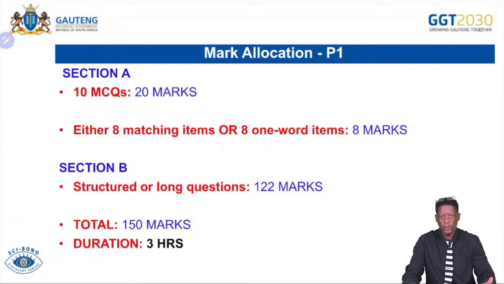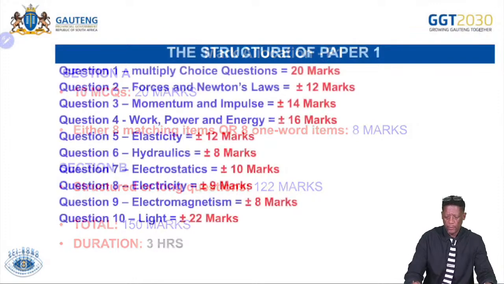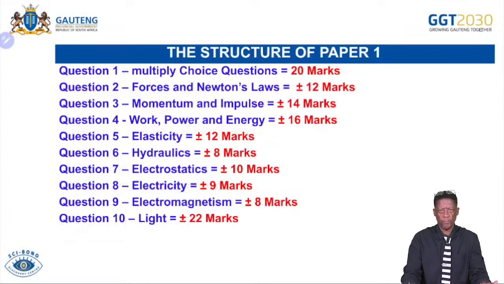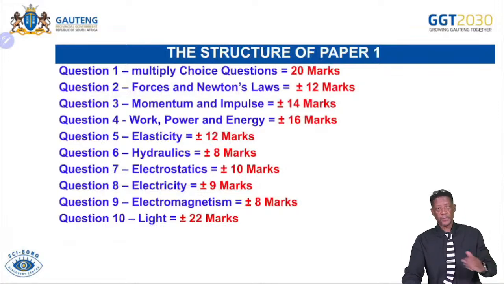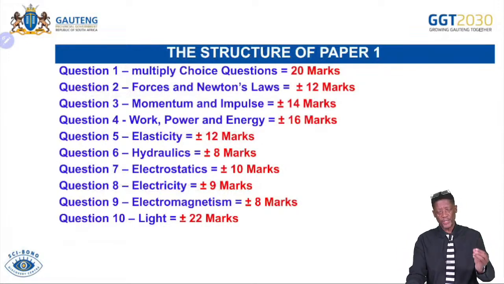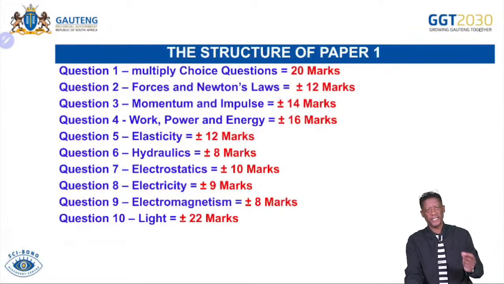That is the paper we are going to be writing tomorrow. Now, if we look at the structure in terms of each topic and question in Paper 1, we've got Question 1 until Question 10. Question 1 is multiple choice, as I alluded to in the previous slide. That question is 20 marks, and it's where learners just pick and choose.